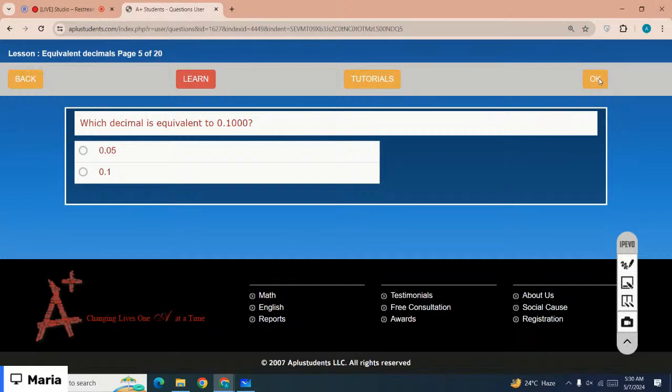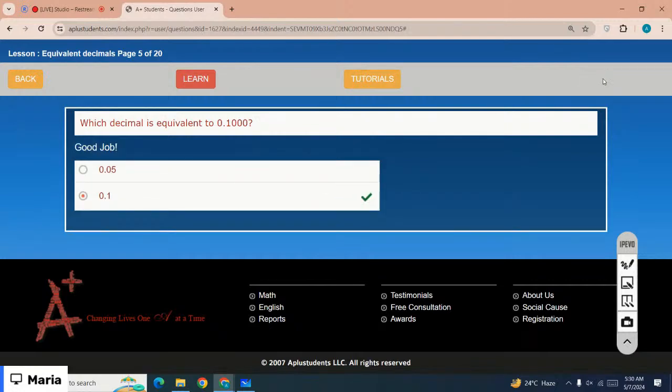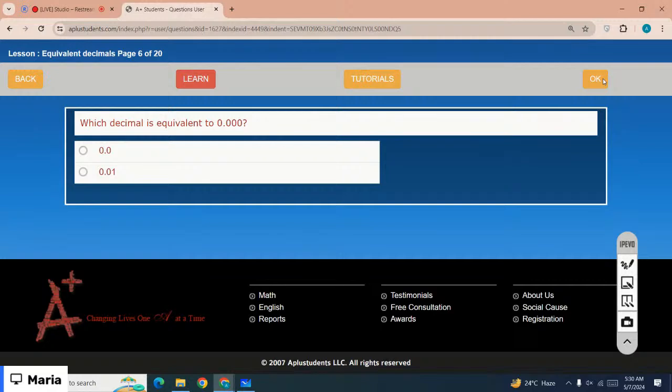Which decimal is equivalent to 0.1000? Which is the correct option? Very good. That's 0.1. Which decimal is equivalent to 0.000?